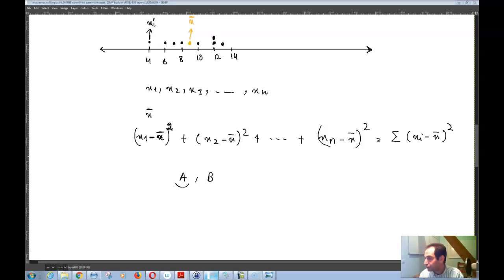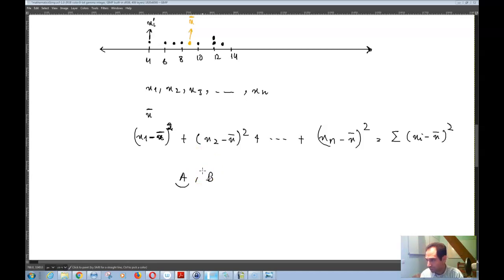I'm just walking us through the reasoning right now. Thus we can say that the sum of the squares of deviations from the mean is not a proper measure of dispersion.